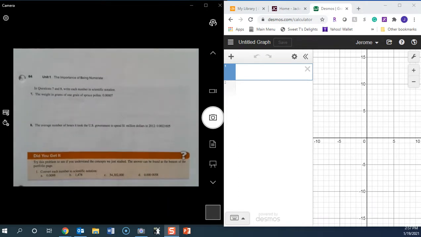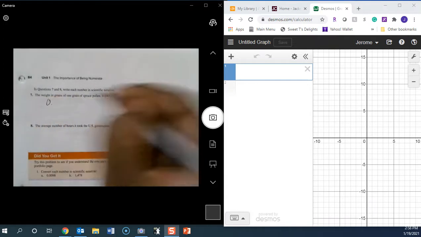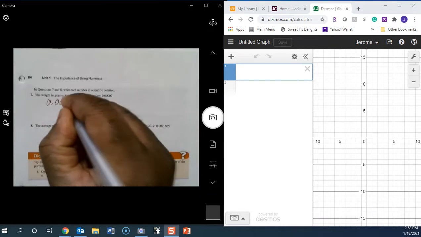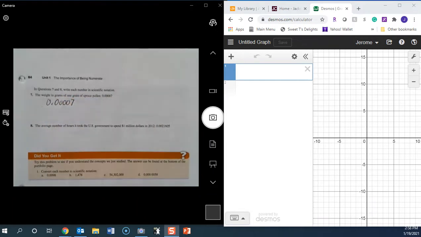It says, in questions 7 and 8, write each number in scientific notation. The weight in grams of 1 grain of spruce pollen. We have it at 0 point, and we have 4 more zeros, and 7.